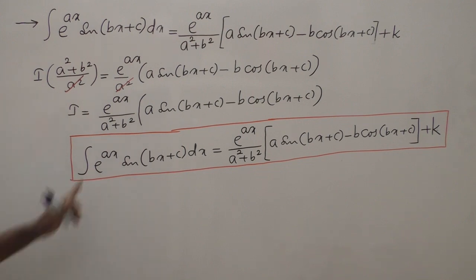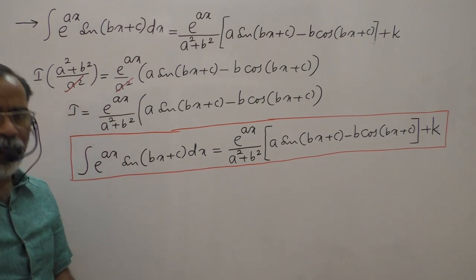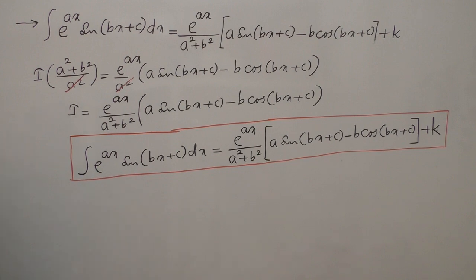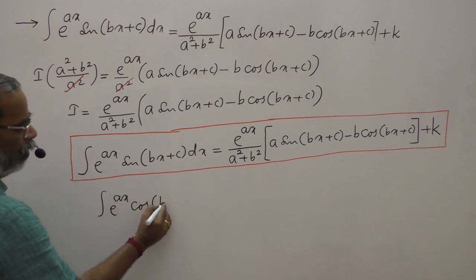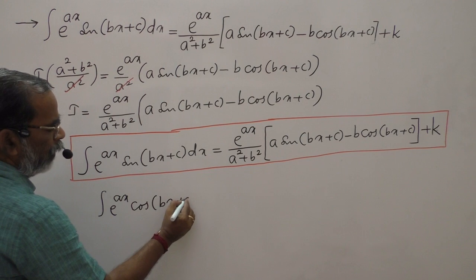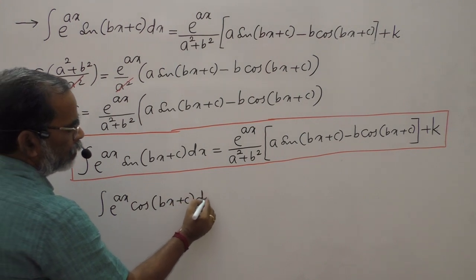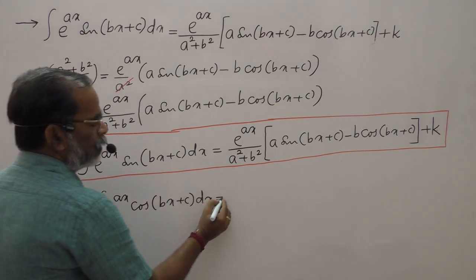Yes, what is this? Integral e power ax into sine of bx plus c. Similarly, you can do this. Integral e power ax into cos of bx plus c into dx. You perform this.